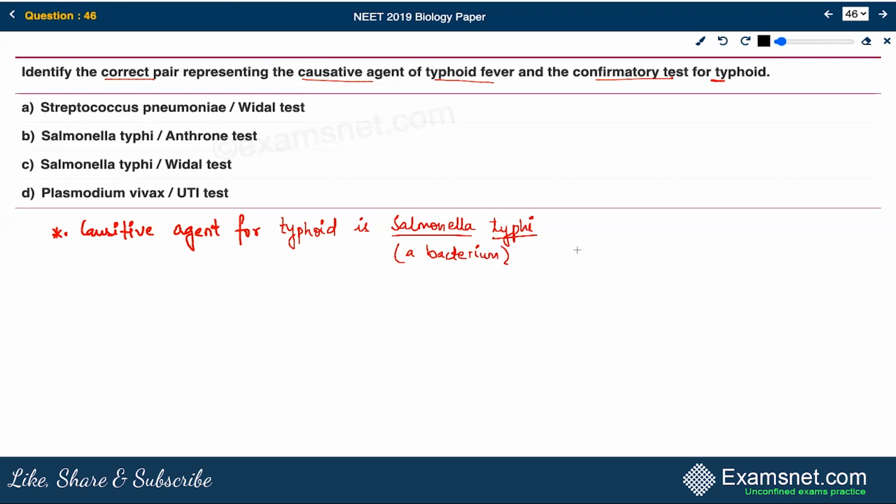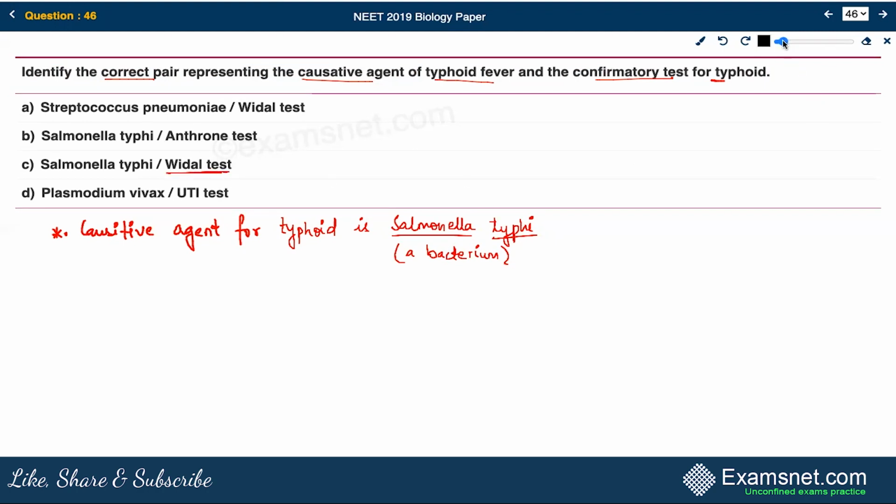And the test which is widely used for testing the typhoid disease, the confirmatory test that is used for confirming the typhoid disease, is basically the Vidal test. All right, that means this one.